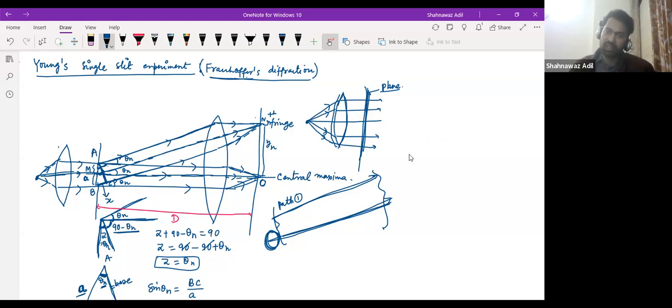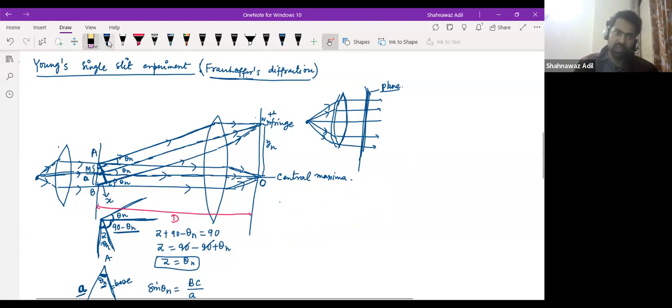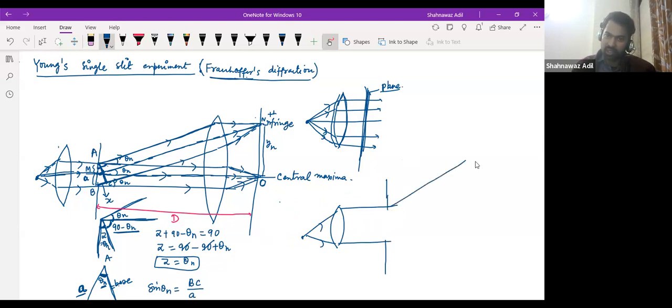I don't have any space in here, let me just draw it. We have this source, and then we have this lens, and the light rays are coming from here, they are parallel. So first we make this one, and then this one goes parallel.